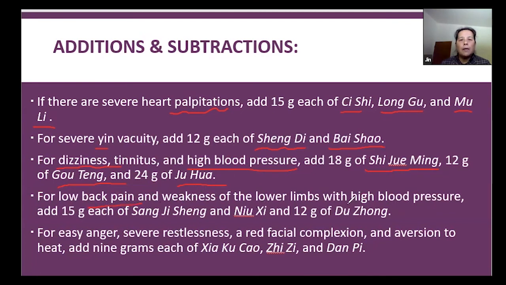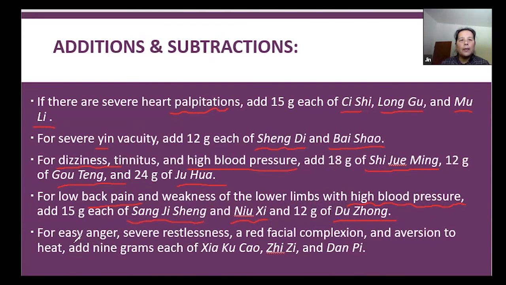For low back pain, that's kidney deficiency. Basically, for this kind of patient, we're talking about chest pain, 胸痹 condition, coronary artery disorder. Most people will have high blood pressure. So we can add 桑寄生, kidney tonifying, 牛膝, bringing the blood and heat down, and 杜仲, kidney tonifying.